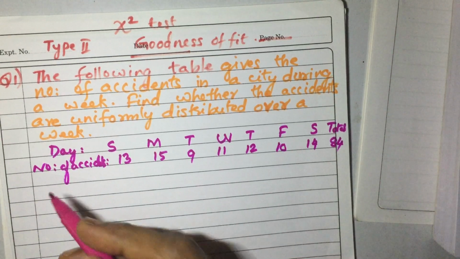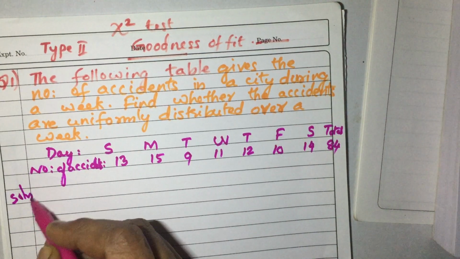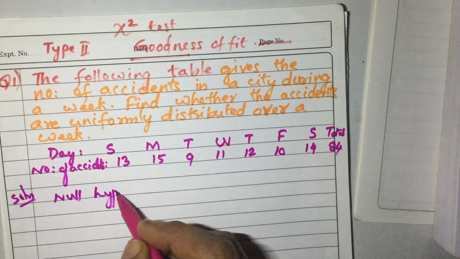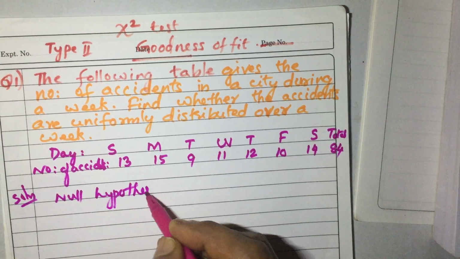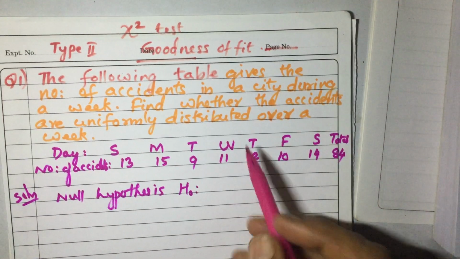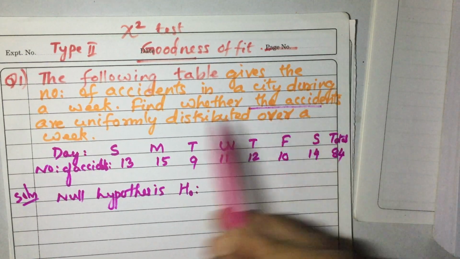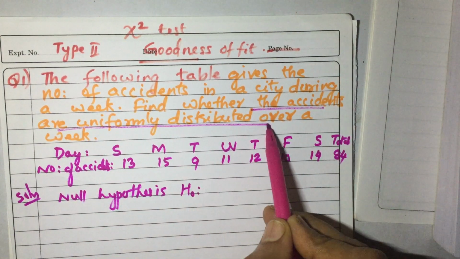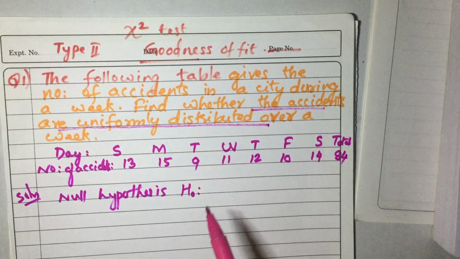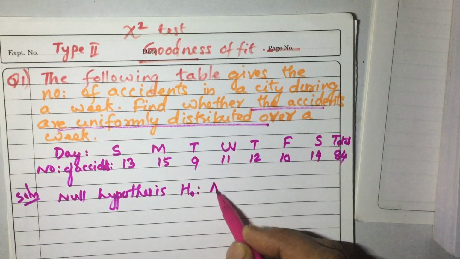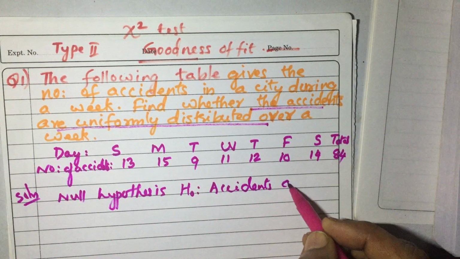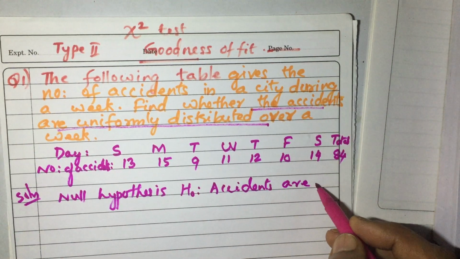Okay, so to solve this question I will take the null hypothesis. Null hypothesis H naught: as you are asked to find whether the accidents are uniformly distributed, when goodness of fit is asked, you will take the positive statement, that is, accidents are equally distributed.